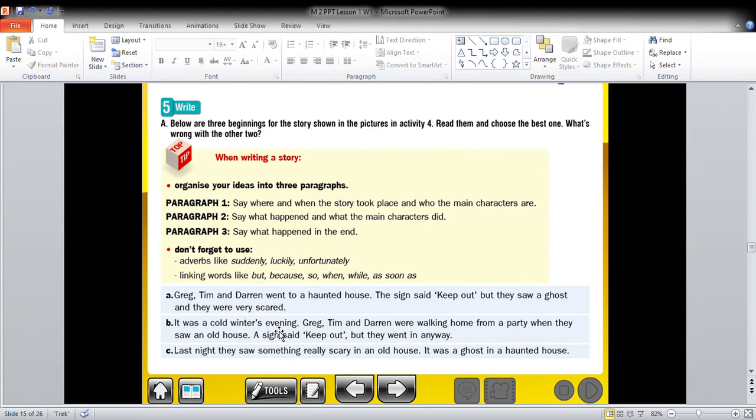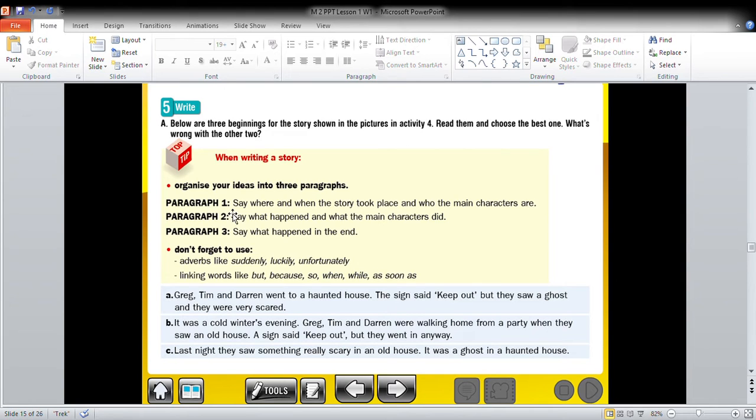So before we write our story, we need to organize the ideas in 3 paragraphs. How are we going to write this story? We are going to write this story in 3 paragraphs. What information is included in every paragraph?